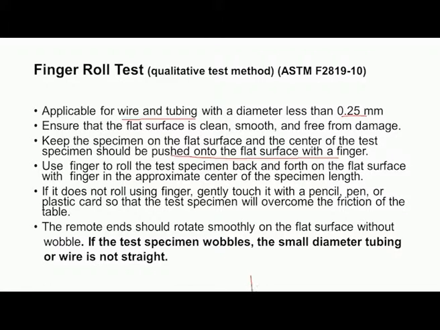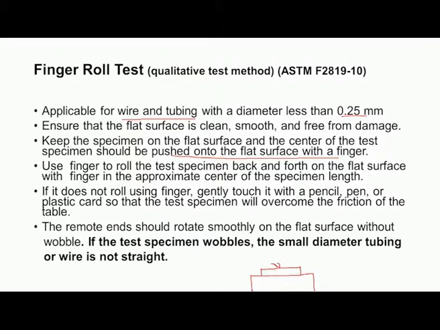That is, we have this surface plate, and we keep the thin wire on the cleaned surface plate, and we push this specimen using a finger.